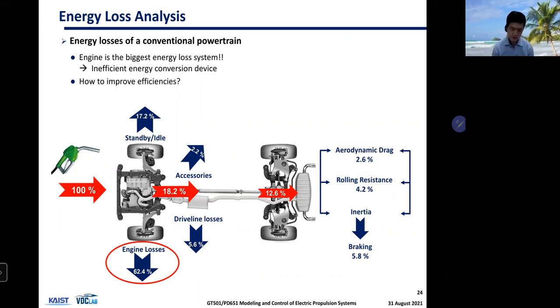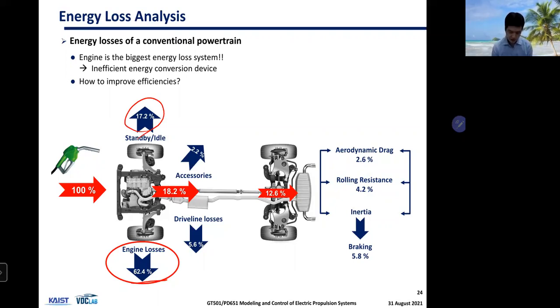In this case, when you put 100% fuel input to the engine, there will be 62.3% of losses from engine losses from converting this chemical energy into mechanical energy. And that's not all, you also lose 17% during standby and idle.